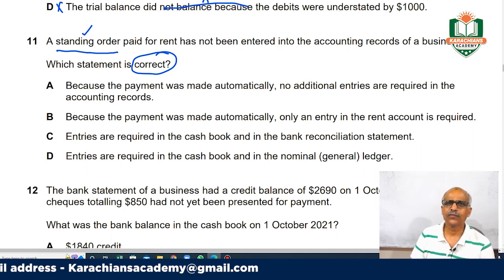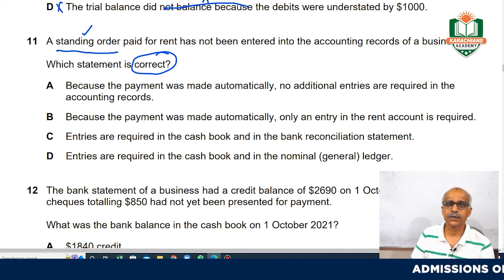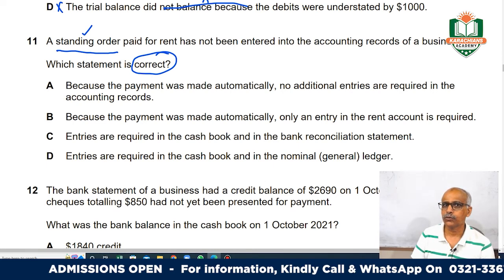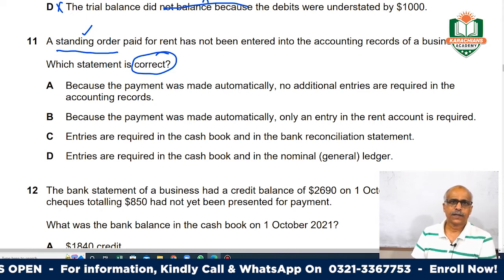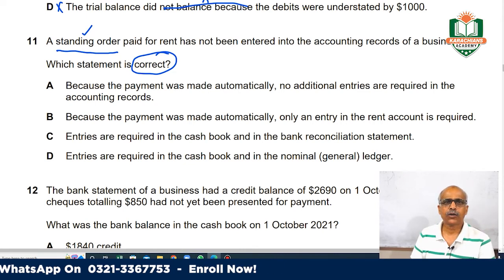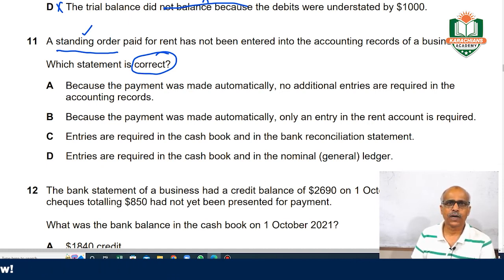Likewise is the case of rent. If you have rented premises and your landlord does not allow you any grace period, then you normally issue a standing order to your bank. You send a letter to the bank, signed by the authorized signatory of your account, meaning those people who are authorized to sign the checks.